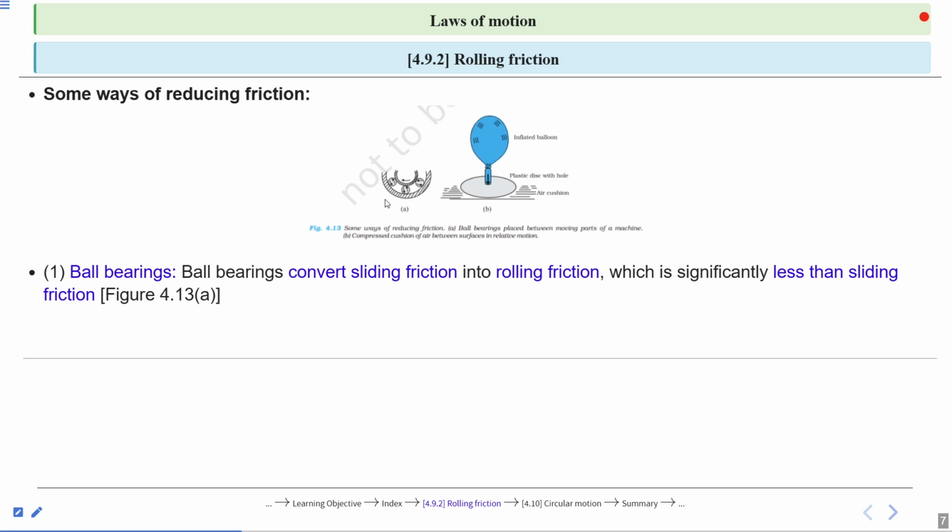Figure 4.13a. Here the important point is this: using ball bearings we can convert sliding friction into rolling friction. Why do we convert? Because rolling friction is less than sliding friction, so we choose only rolling friction.